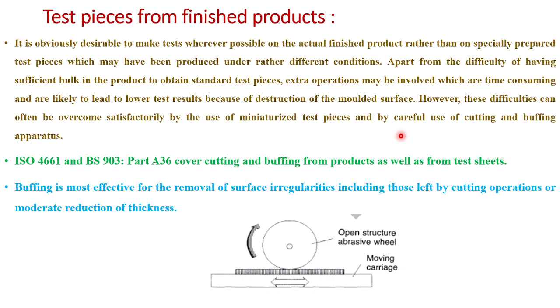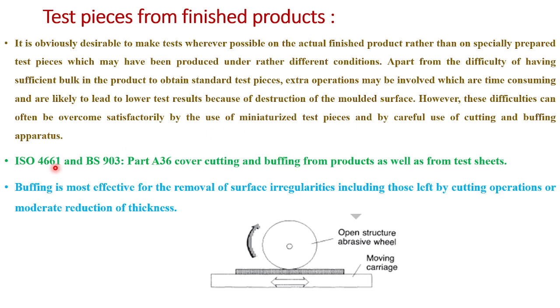But when you are preparing test pieces from your final product, then you need to do some other manual activities like buffing of the material after cutting, to make the evenness better.